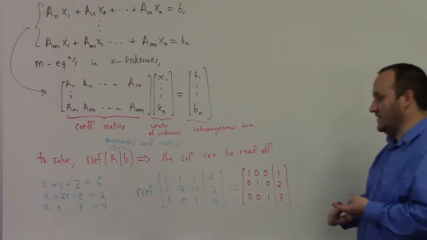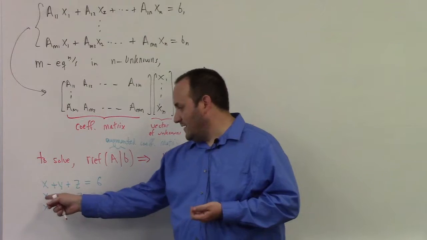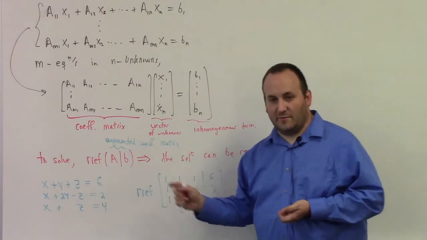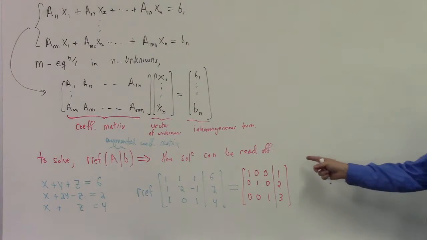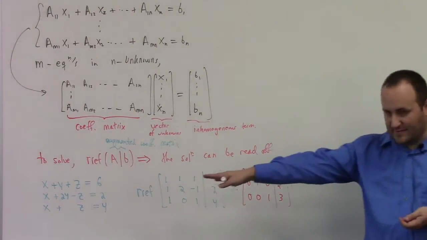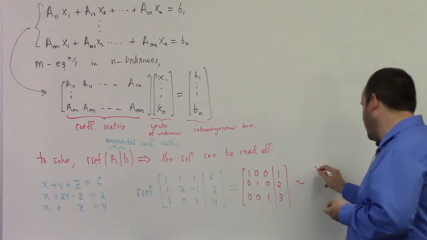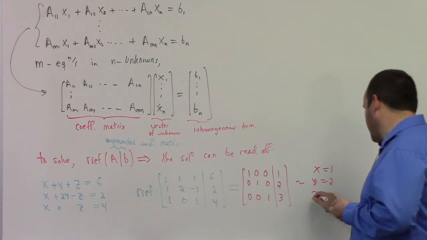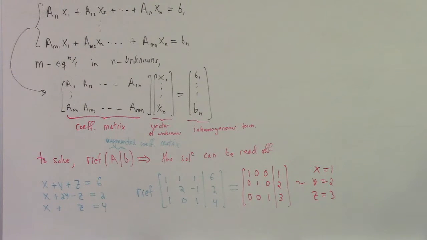That's why I put a 6 here, because I know 1 plus 2 is 3, 3 plus 3 is 6. I know 1 plus 4 is 5, 5 minus 3 is 2, and I know that 1 plus 3 is 4. So this will happen because this system of equations is equivalent to the system x equals 1, y equals 2, and z equals 3. This last system is very nice because you can see what the solution is, right?